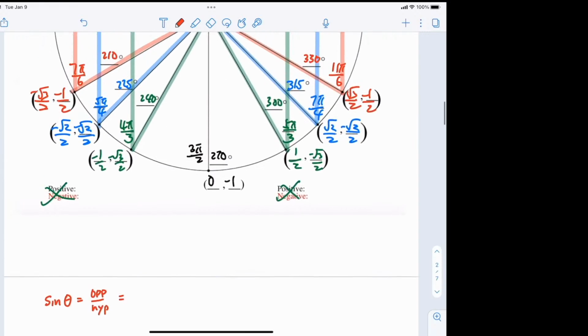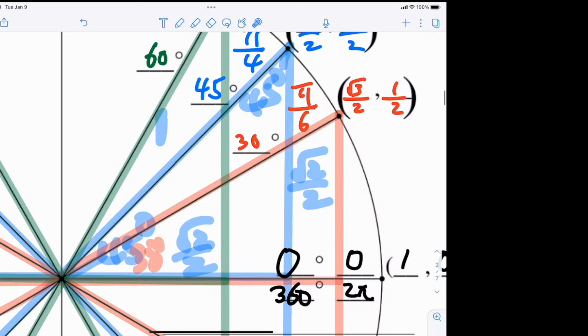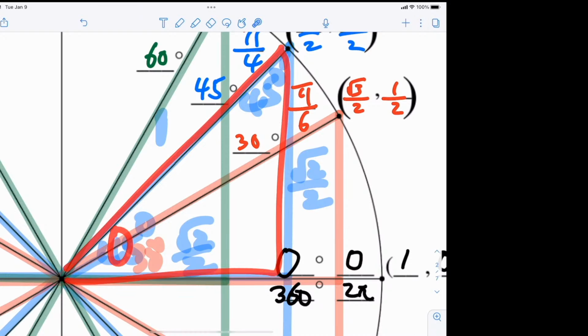Inside the triangle right here, let's say looking at the blue triangle, this is the theta, this is the opposite, this is the adjacent, and this is the hypotenuse. Does that make sense?